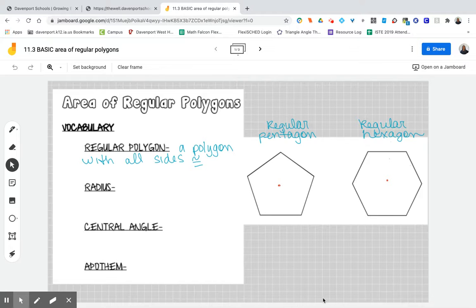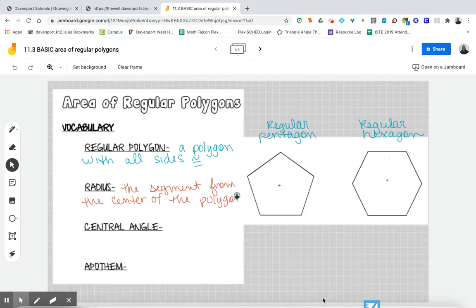So the radius is going to be the segment from the center of the polygon to a vertex. Now, a vertex is just a fancy way for me to say corner. So if you're going from the center here, you could go to any one of these corners, and this here would be a radius on this pentagon.